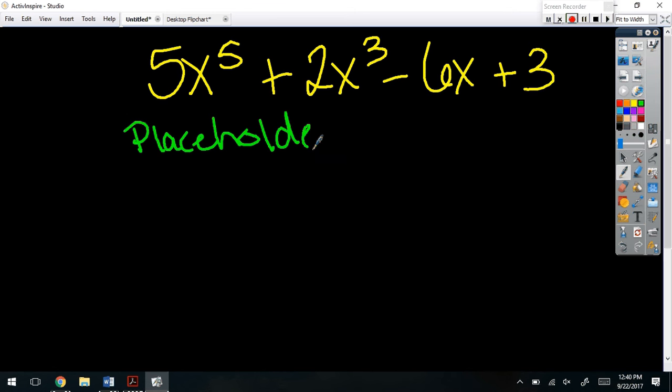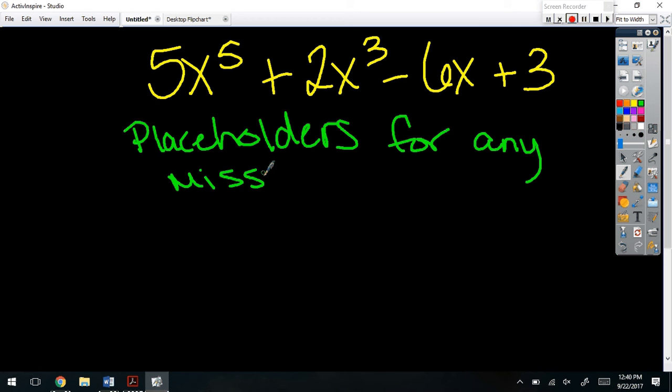Now, if you look, placeholders for any missing exponent. Well, yes, it's going to have an x on it, but if you look, I start with a power of 5. From your highest power down, you must have every single power.